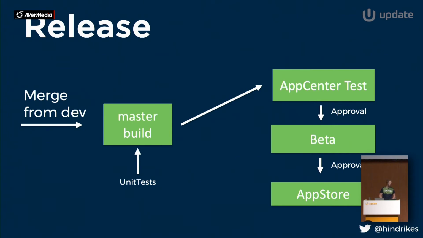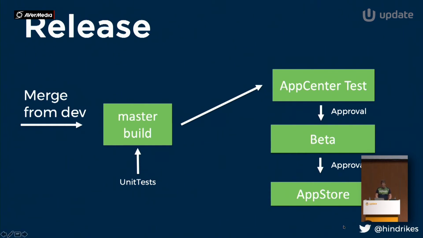So it's easier to just use the tools from Google and Apple to do that. The next step is that someone has to approve that beta release, and if it's approved, it will be pushed to the App Store for review by Apple, or directly to the users if you're using Google Play.